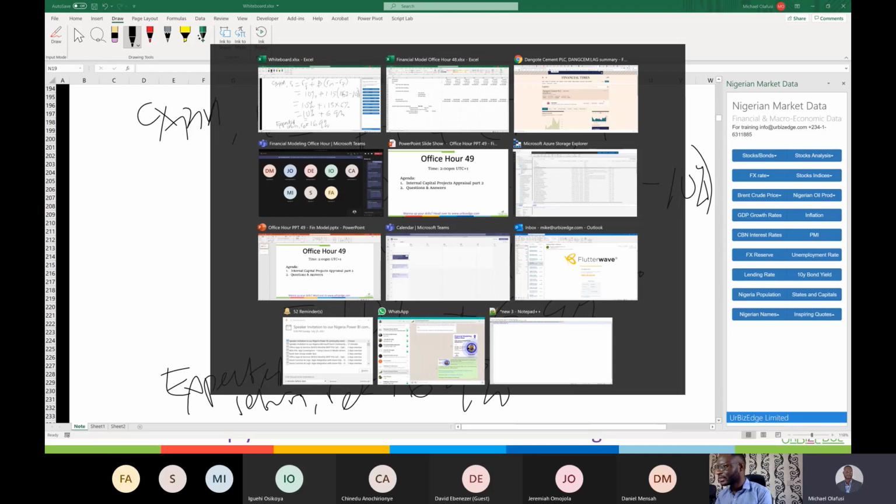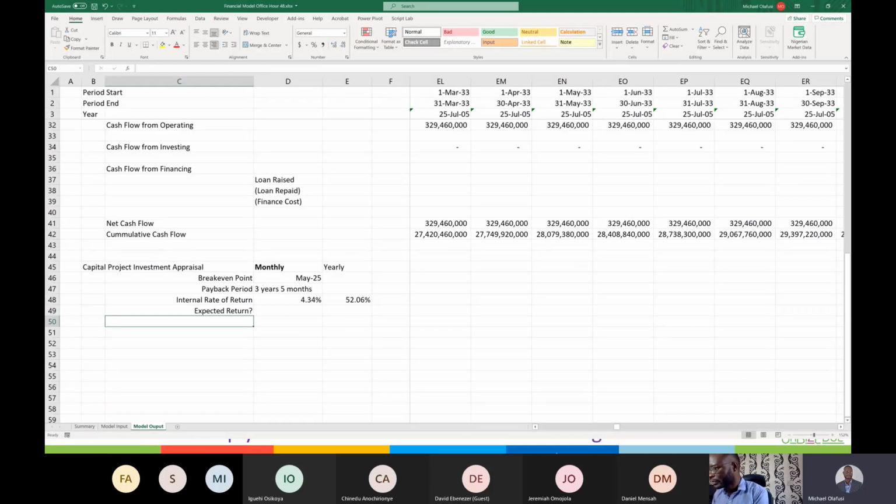So doing that, we are able to know that our expected return is 16.9%. And with that information, we can calculate our net present value.